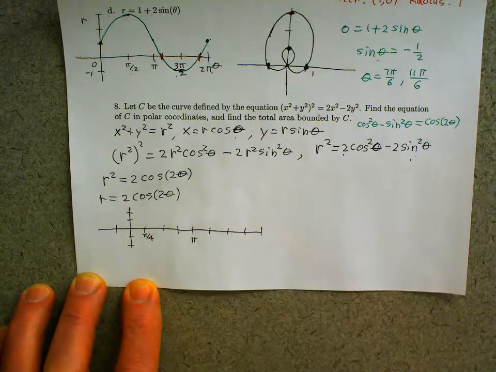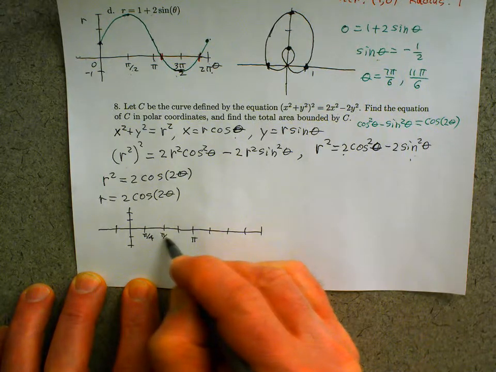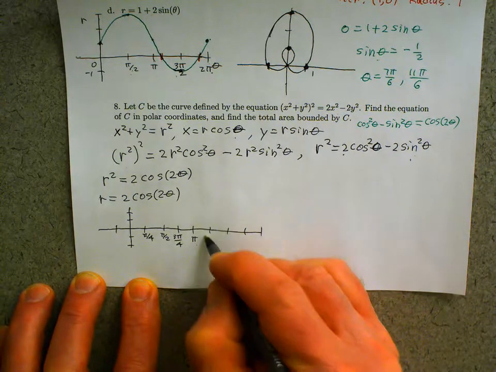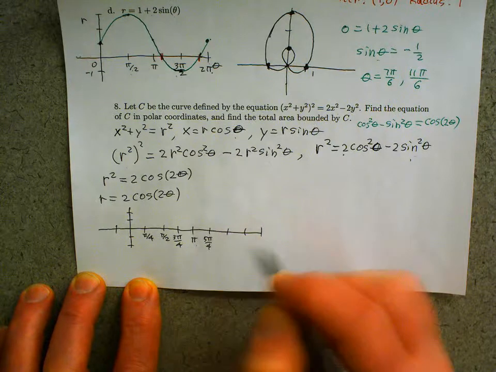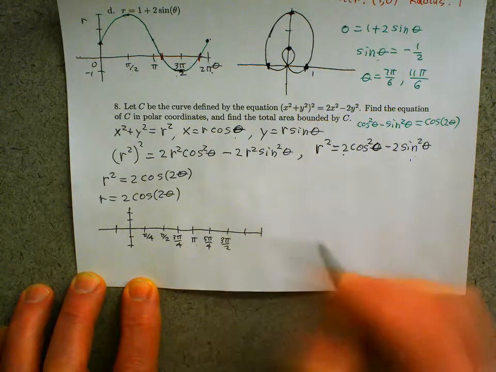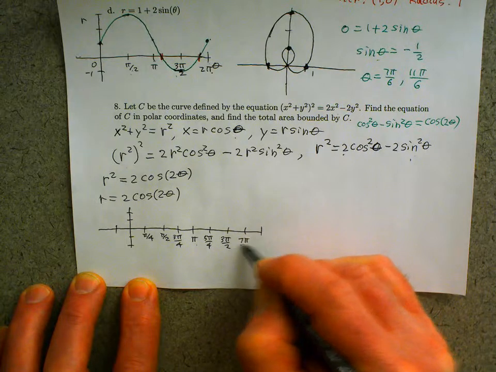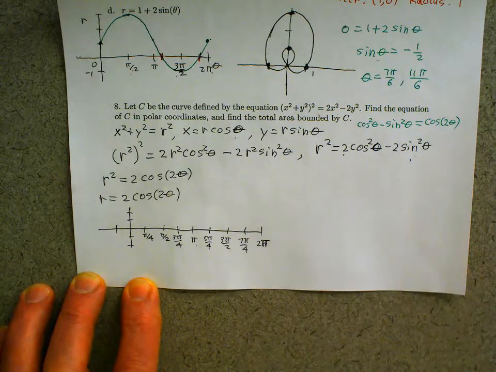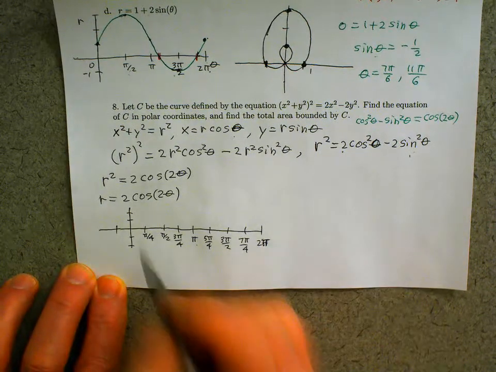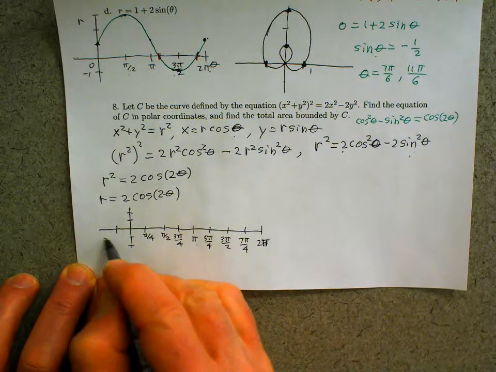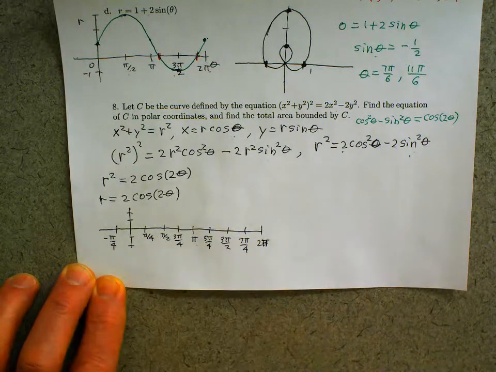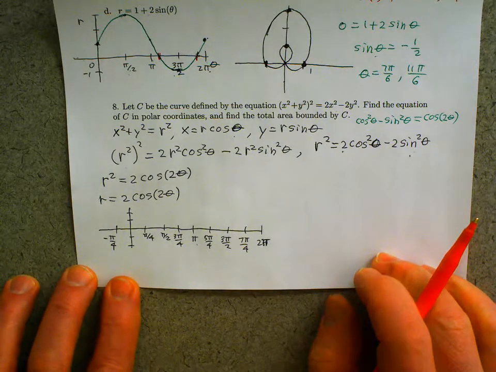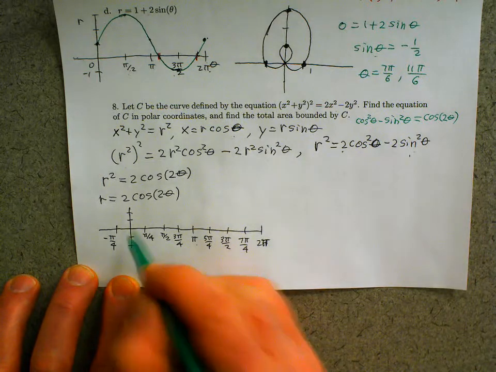So that's pi over 4, pi over 2, 3 pi over 4, pi, then 5 pi over 4, 3 pi over 2, 7 pi over 4, and 2 pi. And over here I have negative pi over 4. So first let's just go from 0 to 2 pi.